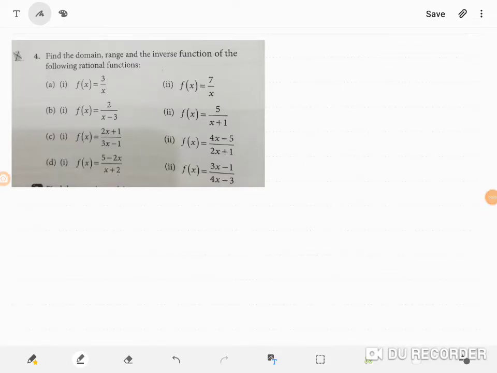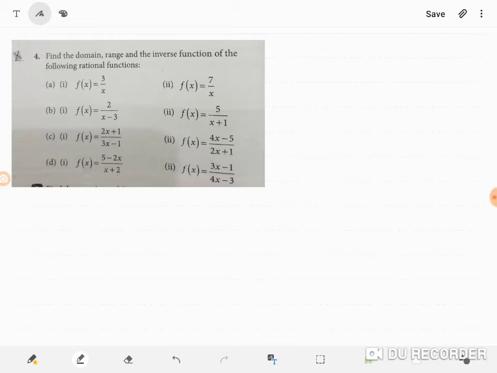In this video, we're going to solve the question about finding the domain, range, and inverse of the rational function. This question I took from Mathematics Higher Level for IB. So this is an IB question.